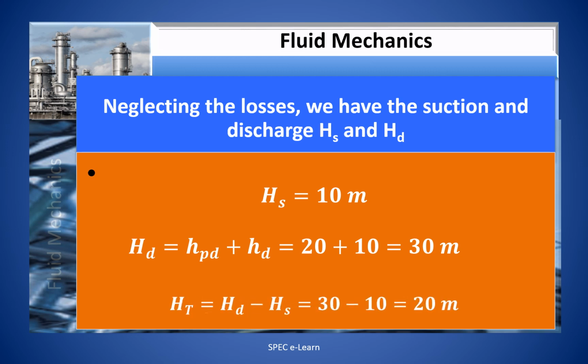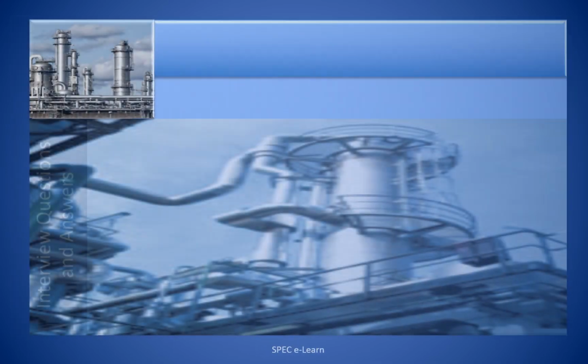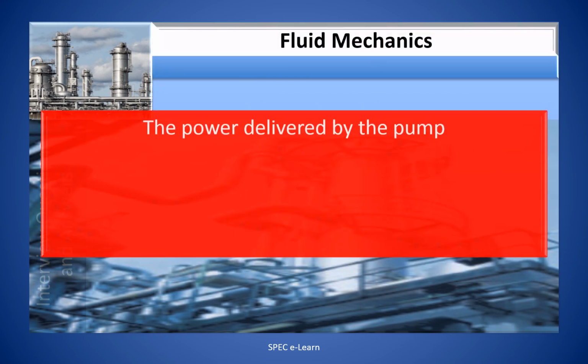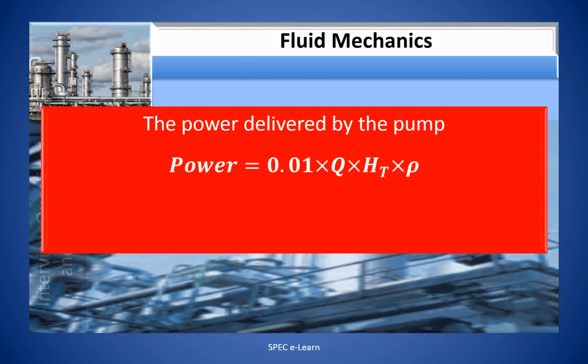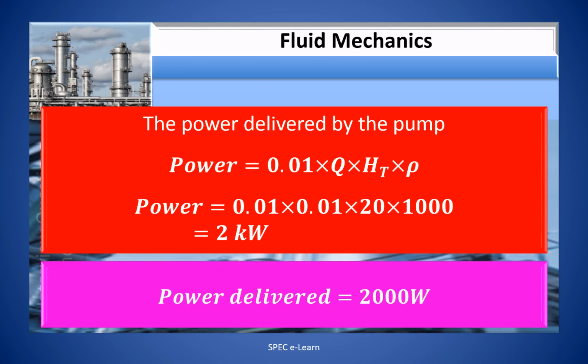So the total differential head Ht is equal to Hd minus Hs, which is 30 minus 10, which is equal to 20 meters. The power delivered by the pump is calculated from power equal to 0.01 times Q times Ht times rho. Substituting the values, you get power delivered equal to 2000 watts.